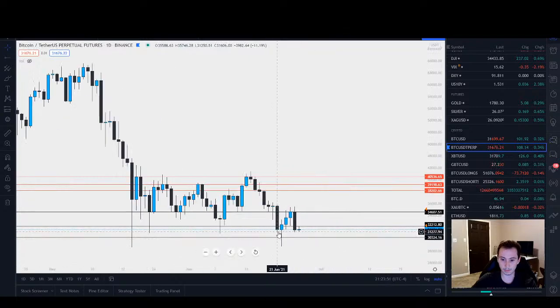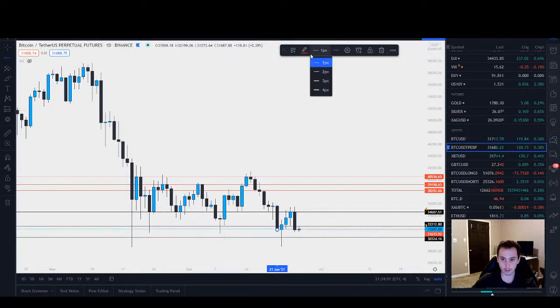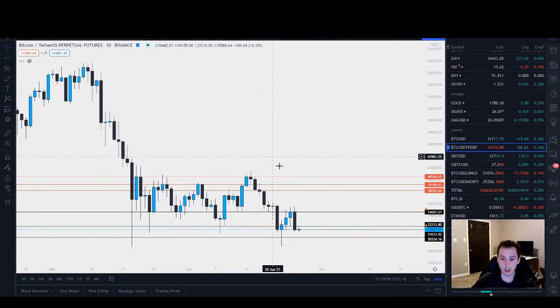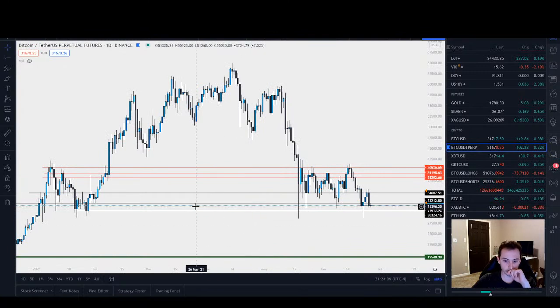I mean, that's just based on where we reversed on the 21st. We'll draw that in. Let's make that black. And that doesn't really go back that far. Not much interaction back here. I mean, we get some wicks. You know what, why not?